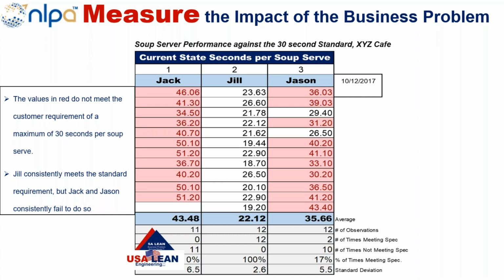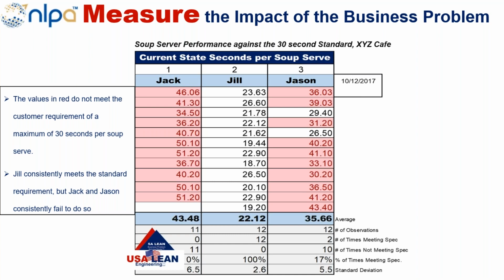And we see here Jack, we saw his times, and this was actual data. Jill, all of whose services were under the 30-second mark. And you see the average for Jack, 43.48, and Jason's average was, again, above the requirement.